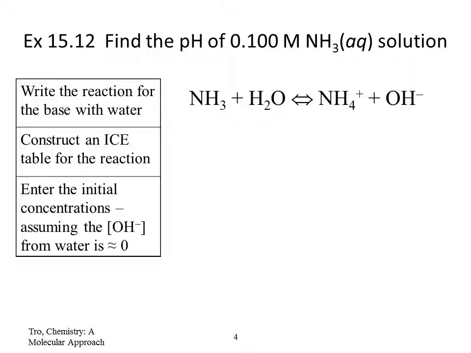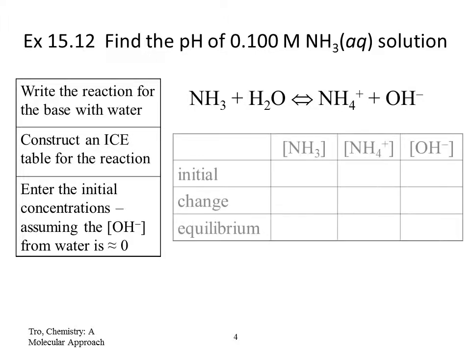Now we have taken a 0.1 molar ammonia solution. Then we will draw the ICE table. The ammonia is on the reactant side, and ammonium and OH minus are on the product side. We don't include the water as it's a liquid.